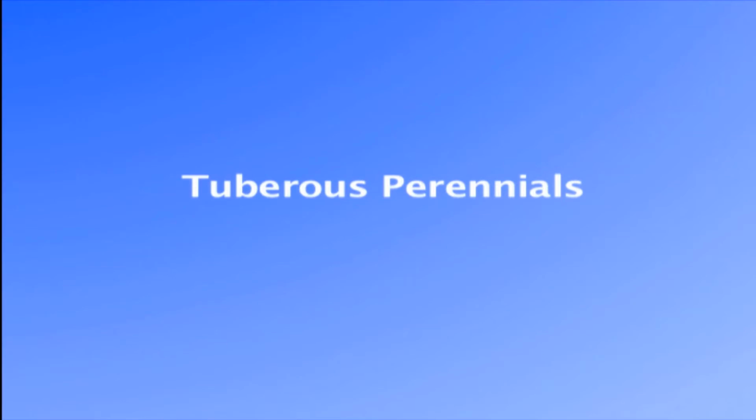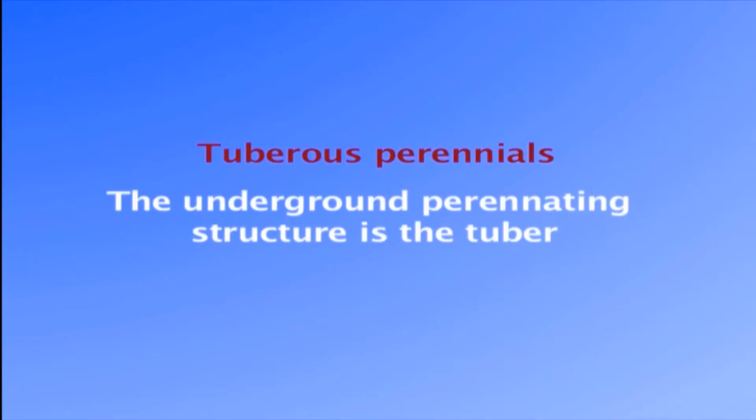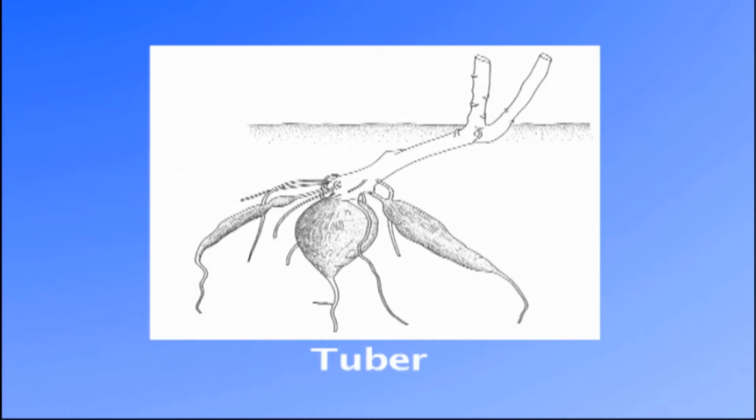The fourth type of the herbaceous perennials are the tuberous perennials. The plants where the stem is modified into an underground tuber are called tuberous plants. The tuberous plants are herbaceous perennials as the underground tuber helps them in the overwintering process.